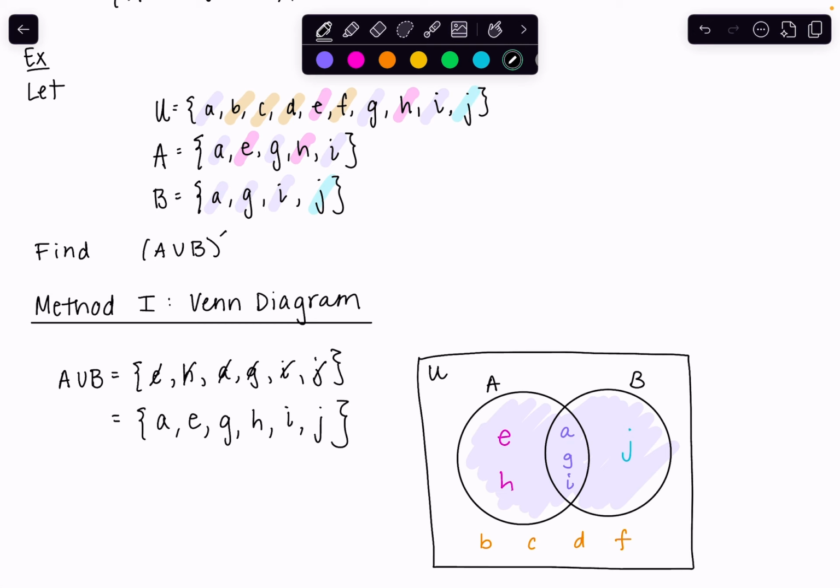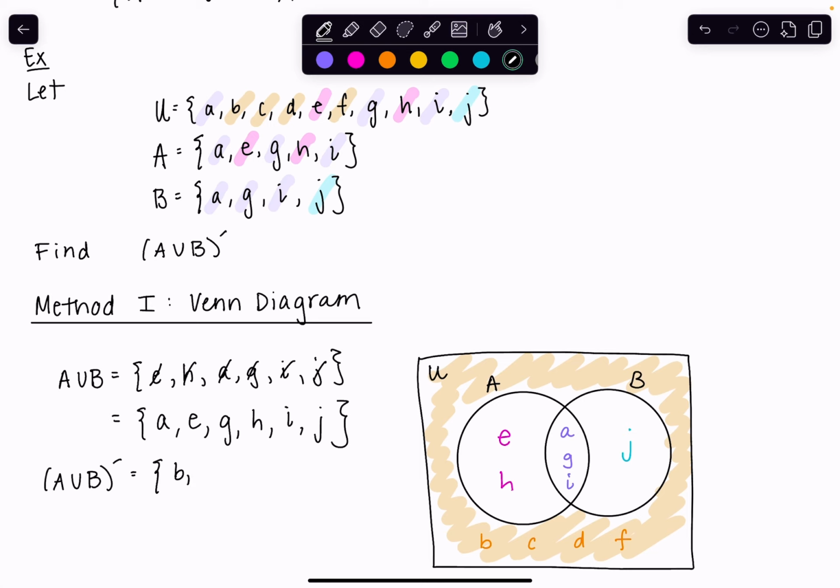Now what I want to do is take the complement of this. Okay. So that would just be everything not shaded, which ends up being the outside. So this ends up resulting in B, C, D, and F. If again you don't like Venn diagrams and you want to use just the sets themselves, what I would do from A union B is cross off those letters here.